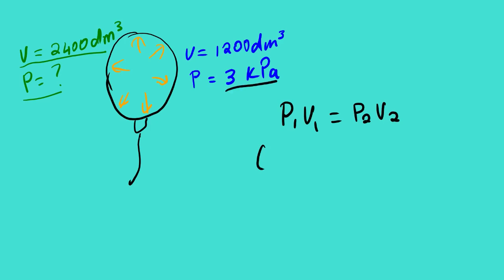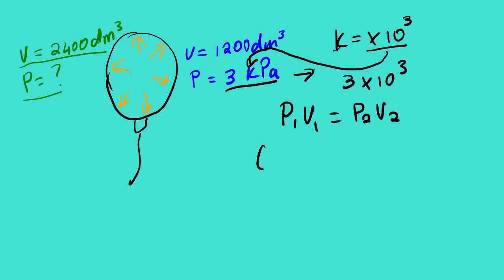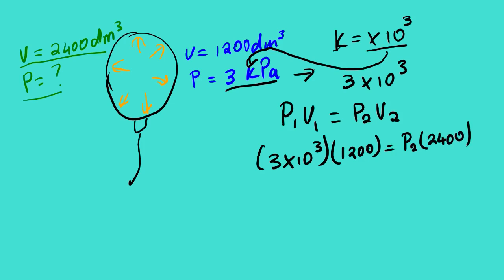So this pressure is in kilopascals, we need to convert to pascals. Now we know that k is equal to times 10 to the power 3. So where we see k, we are going to substitute this. Then we have 3 times 10 to the power 3. So our P1 is 3 times 10 to the power 3, and then V1 is 1200 equals P2, our V2 is actually 2400.